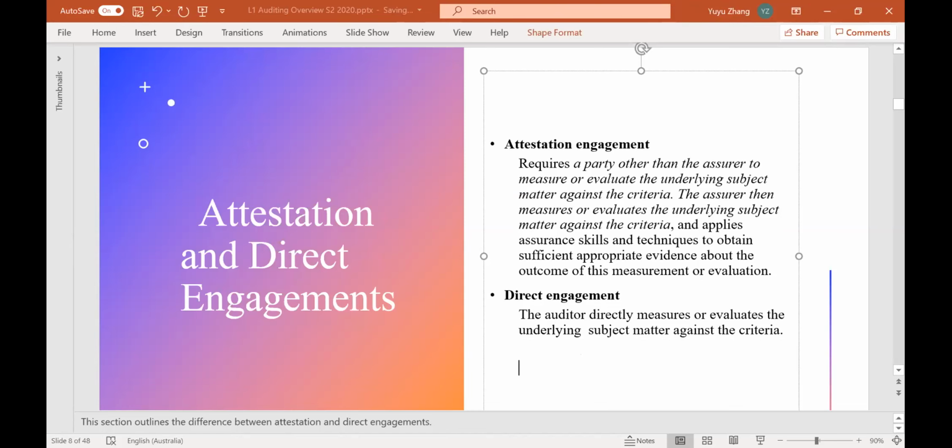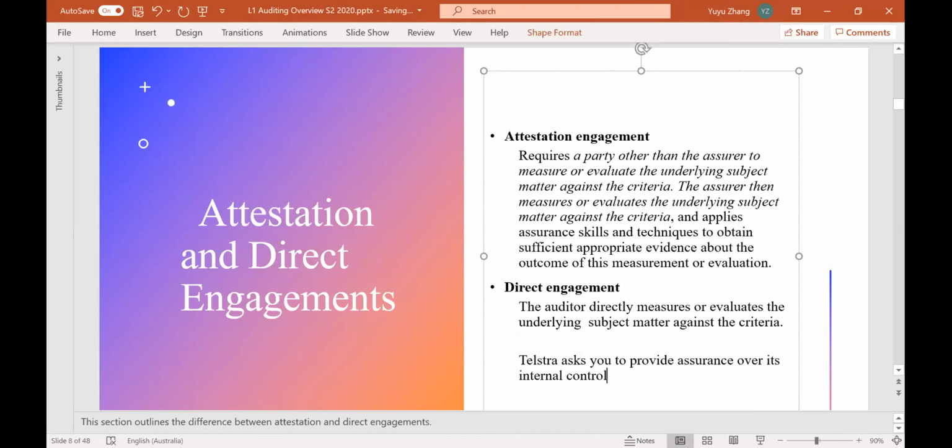Telstra asks you to provide assurance over its internal control effectiveness.